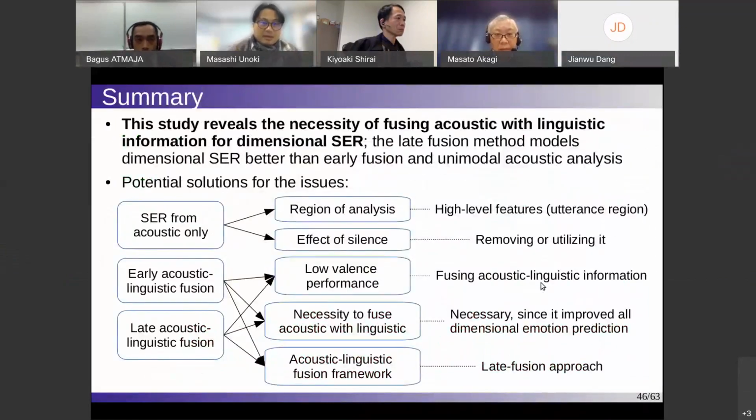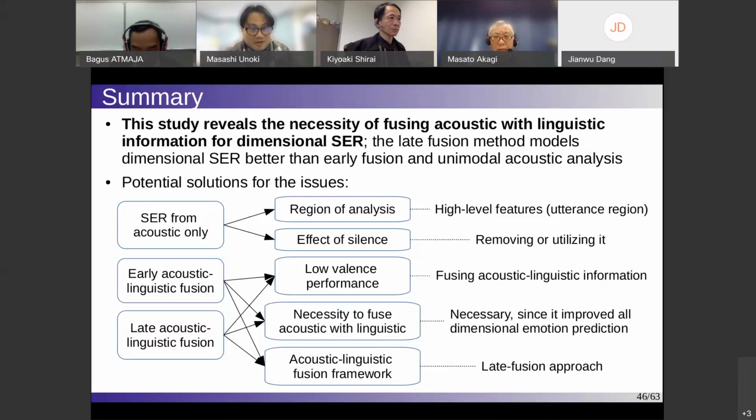Yeah, so within the first sentence, I'm so sensitive to this representation because you say your research reveals this necessity. But according to Shirai-sensei's questions, I think, is it true? You say your research reveals the necessity of fusion of acoustic and linguistic information for dimensional emotion recognition.